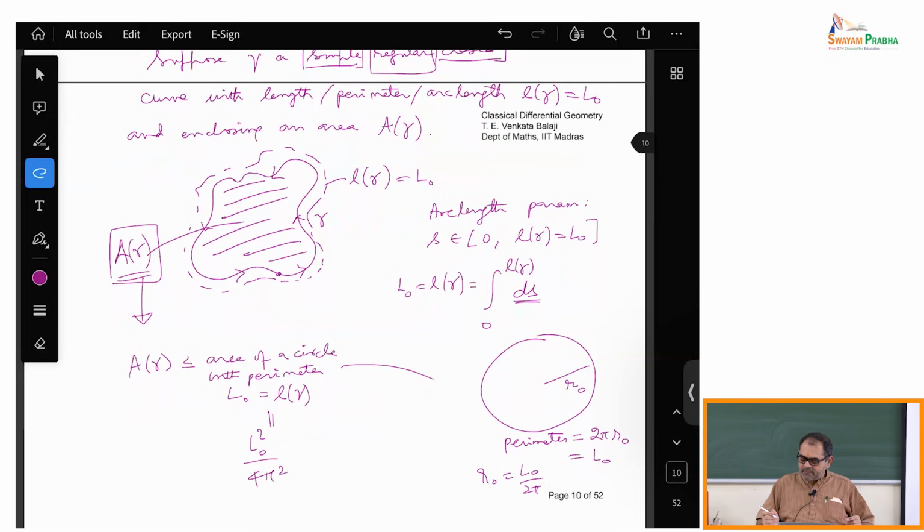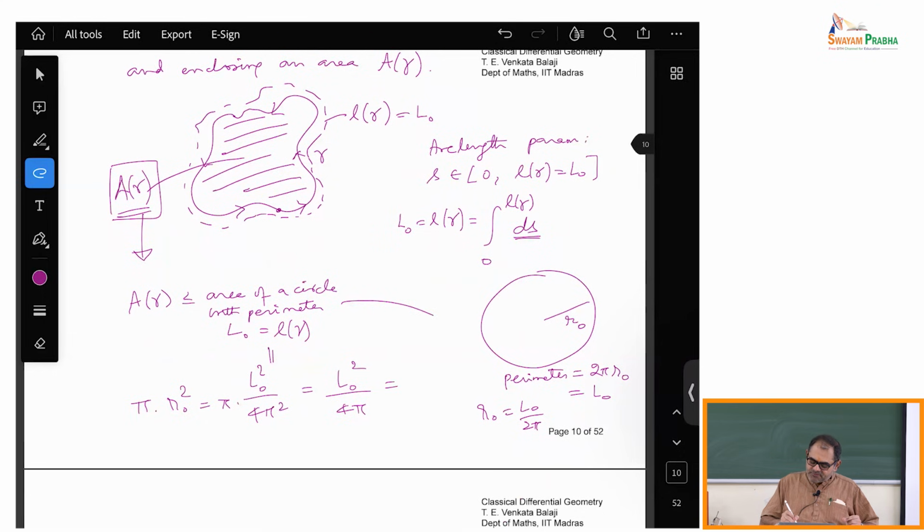The area should be pi r squared, so I have to write pi. It has to be equal to pi into r naught squared, so that is pi into this, and I will get L naught squared by 4 pi. Mind you, this L naught is just L of gamma, so it's L of gamma squared by 4 pi.